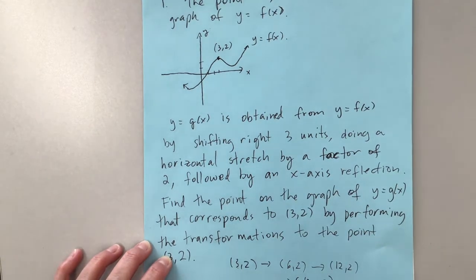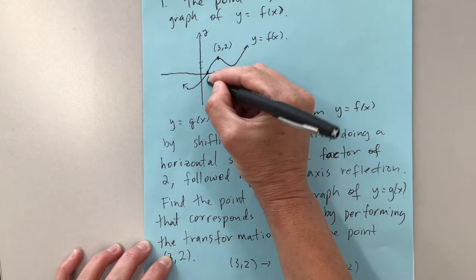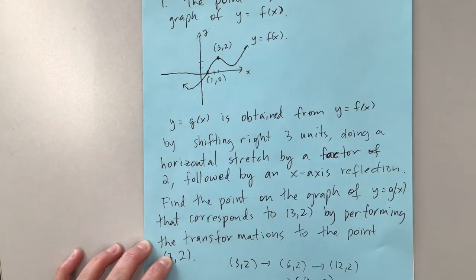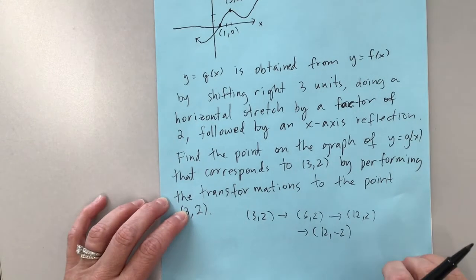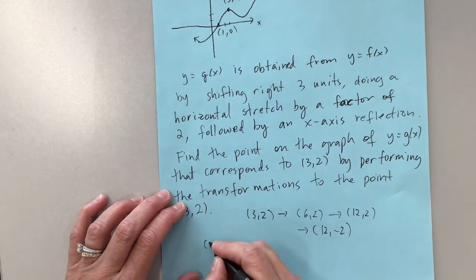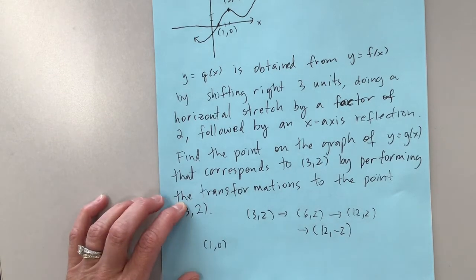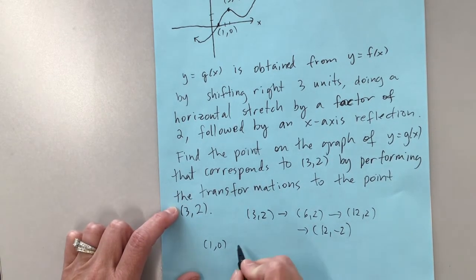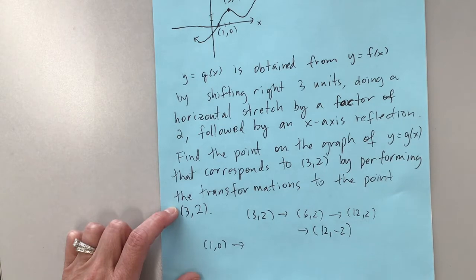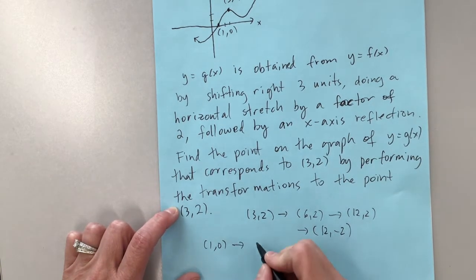Why don't you press pause and find out where the point (1, 0) goes under those same transformations. All right, the point (1, 0): we first perform the horizontal transformations. We go right 3 units, so we add 3 to x.